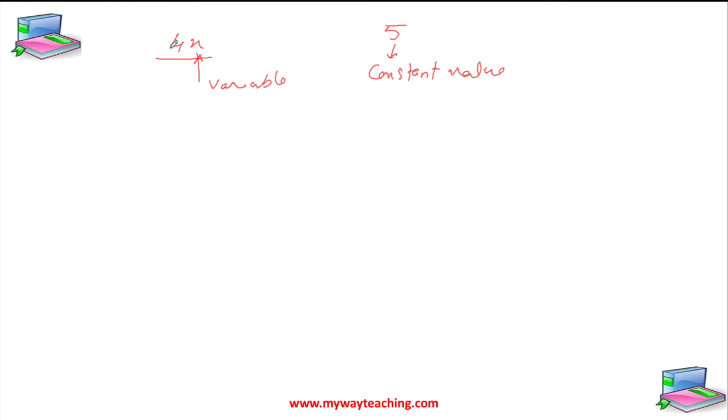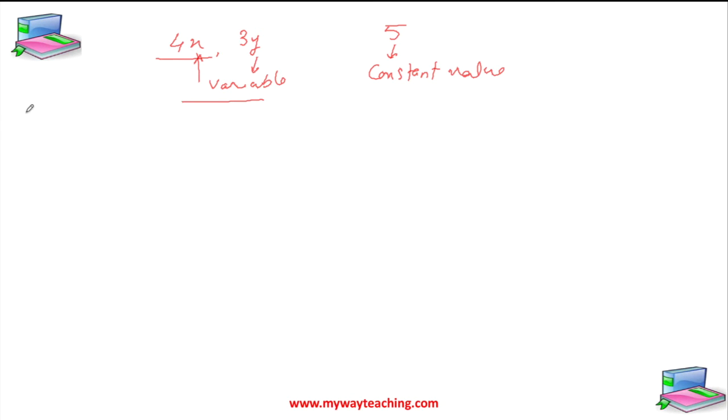But when we say 4x, or if we say 3y, this y is a variable. y may be 1, 2, 3, 4, any number. So this is called variable.